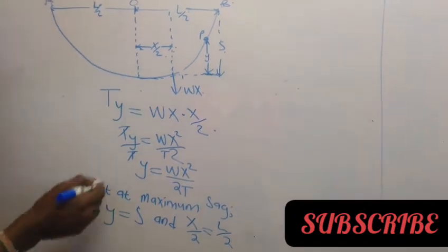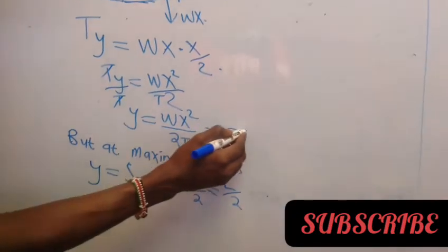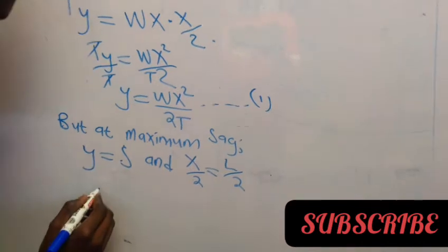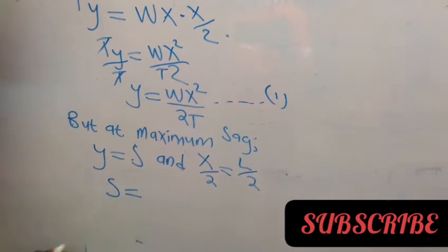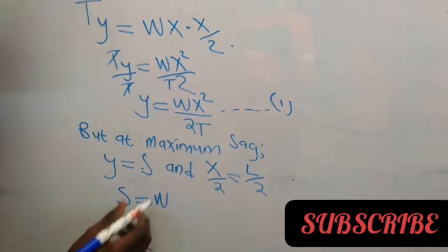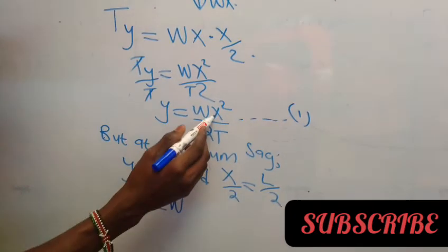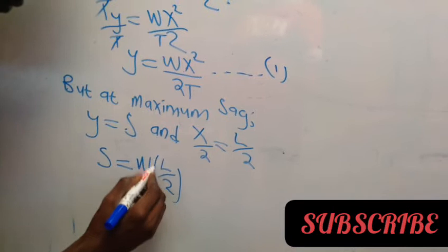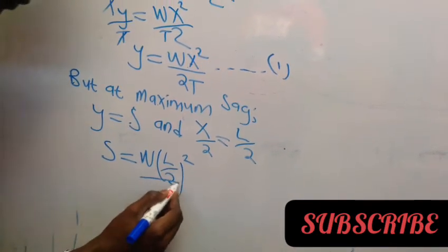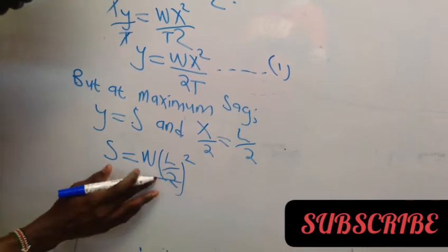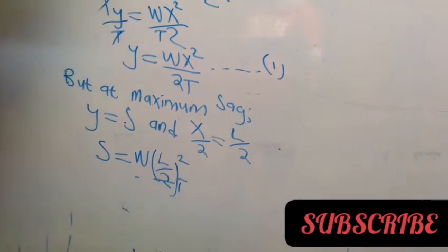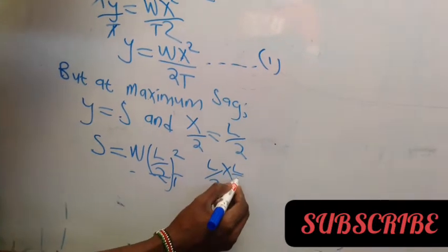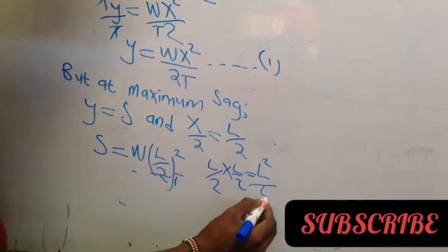So we can come back and substitute back in our, let's call this equation 1. So we can substitute this there. So we'll have y, which we replace with S, which is sag, is equal to W times x over 2 squared, which is the same as L over 2 squared, all over T. So length over 2 times length over 2 is the same as length squared over 4.